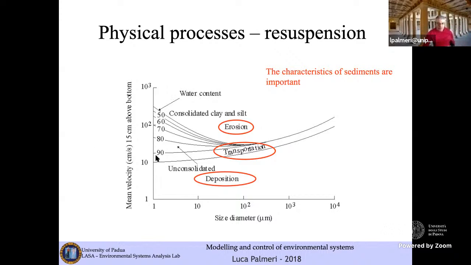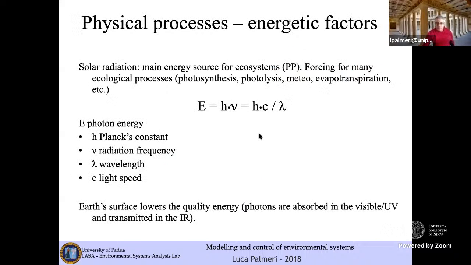Of course, the speed of the sediments has, as a consequence, different movement types: erosion, taking away the sediment from the bottom; transportation, that is moving the sediments on the bottom; and deposition, that is transfer of the sediments from the water column onto the sediment area. Okay?